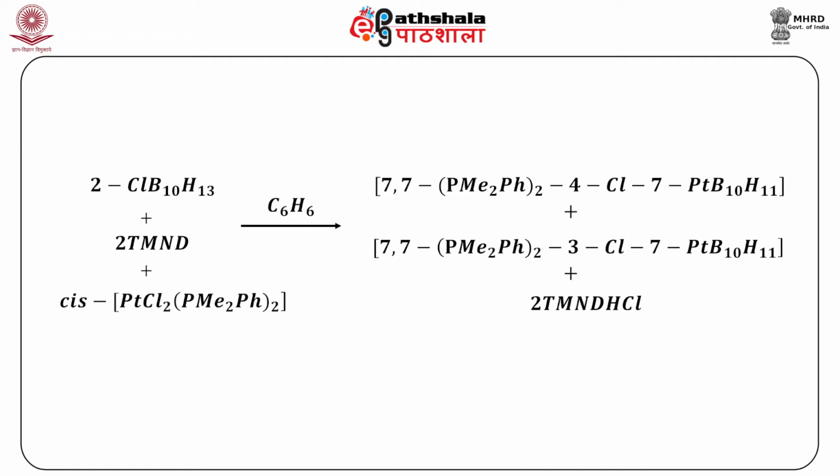Similarly, in another example, B10H13Cl is treated with TMND and the cis platinum complex in benzene to give you 2 metalloboranes in 60% and 30% yield respectively.